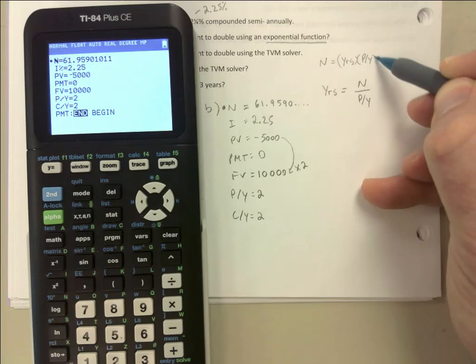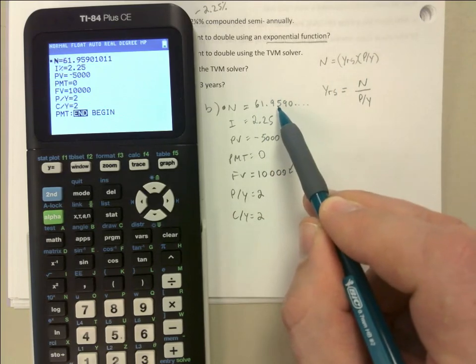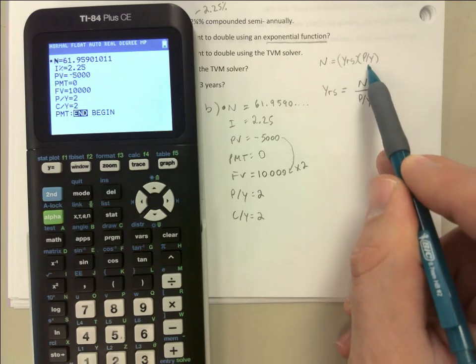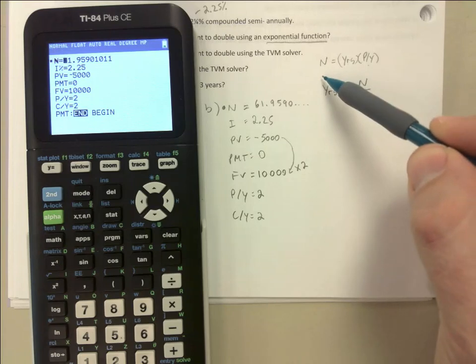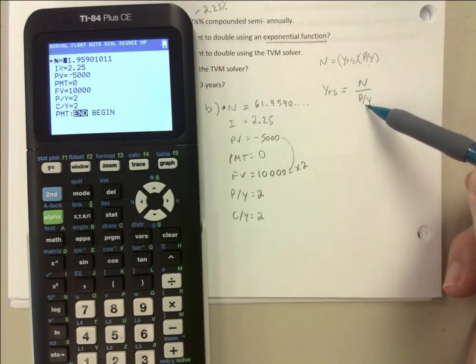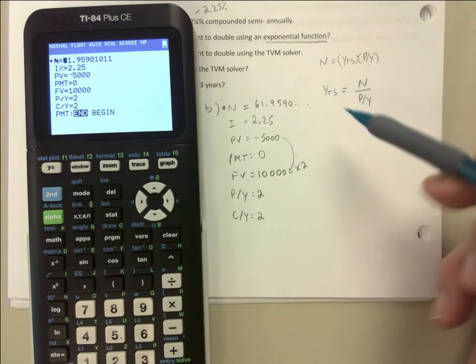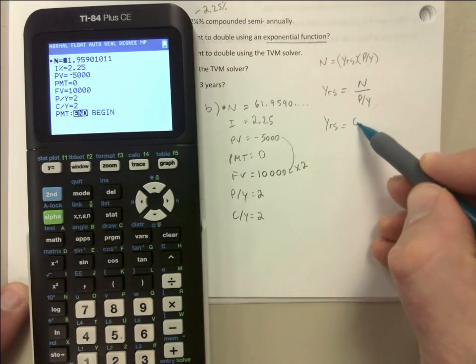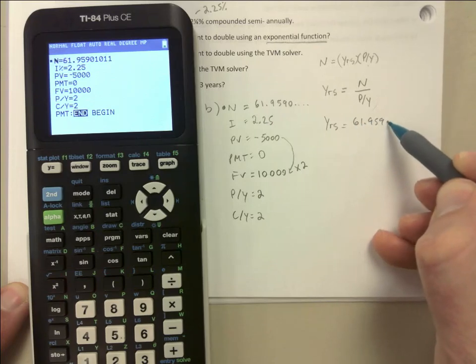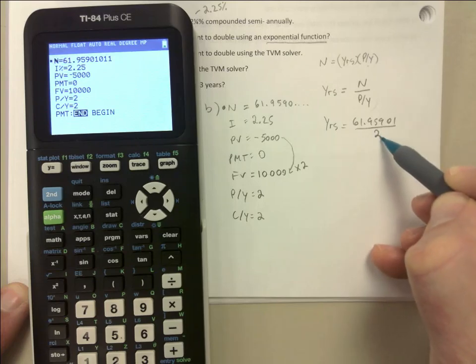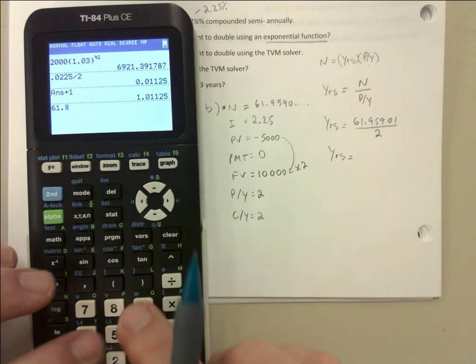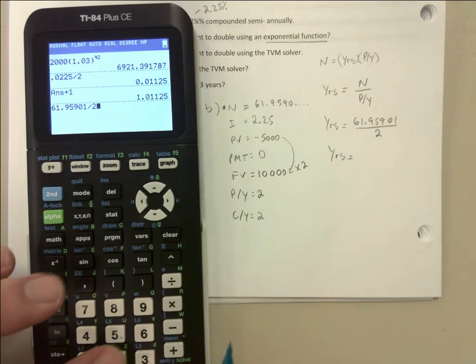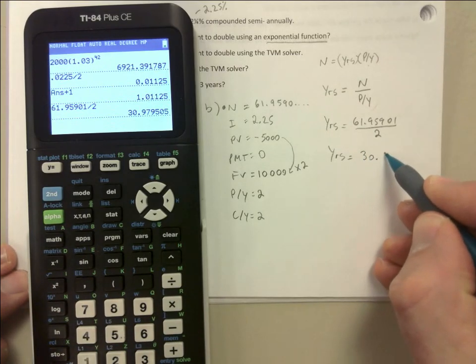If we want to fill this in ourselves, this is what we do: the number of years times whatever PY is. And using this formula, PY basically comes over to this other side, dividing. So it's N divided by PY. So this is what's going to help you here. So years is 61.95901 divided by 2. Guess what you're going to get there? 30.98 years.